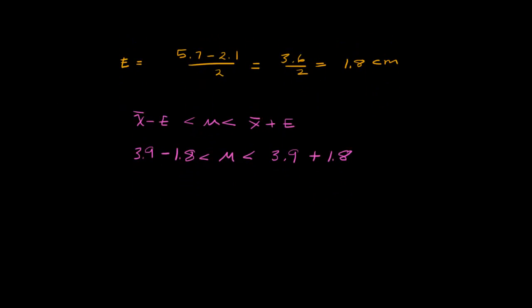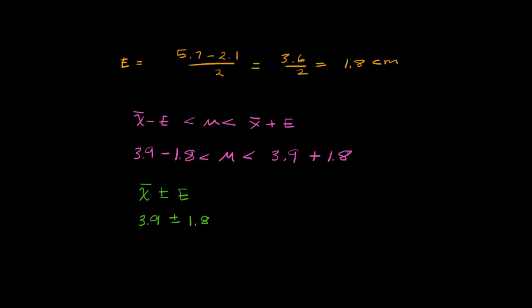Okay, the second way was that x bar plus or minus E. So that's simple. 3.9 plus or minus 1.8. So we say that our estimate is 3.9 plus or minus this margin of error of 1.8.